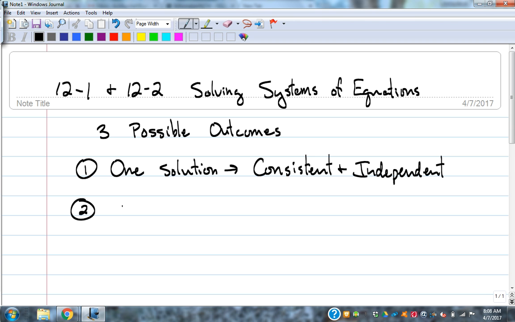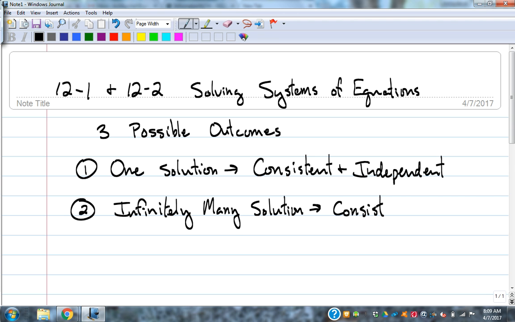Second possibility is that there's infinitely many solutions. So if you're dealing with a two-variable system, that means there's an infinite number of ordered pairs that are the solution to that system of equations. And that's called consistent and dependent.